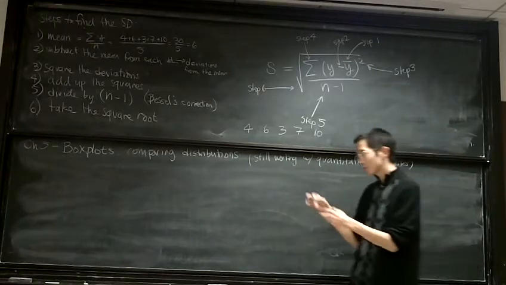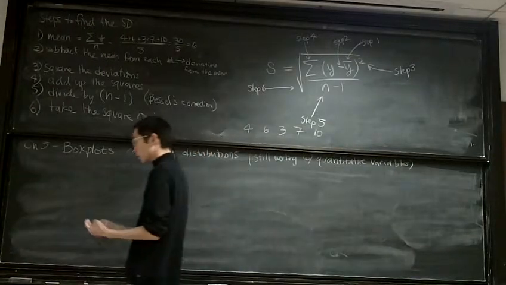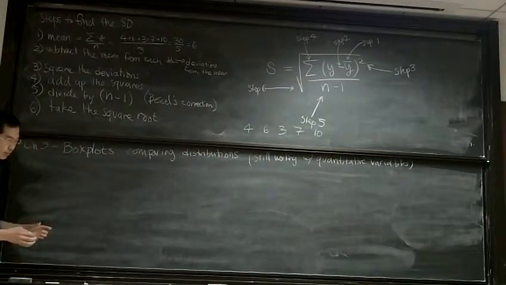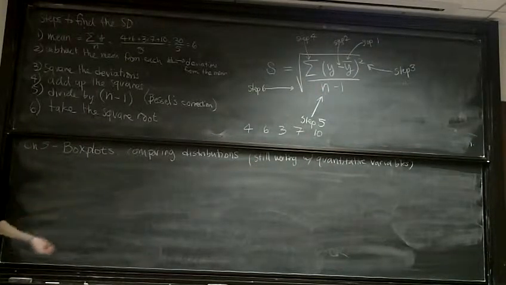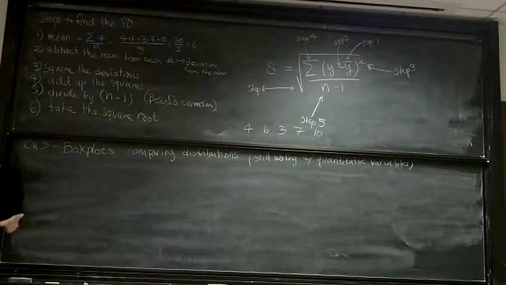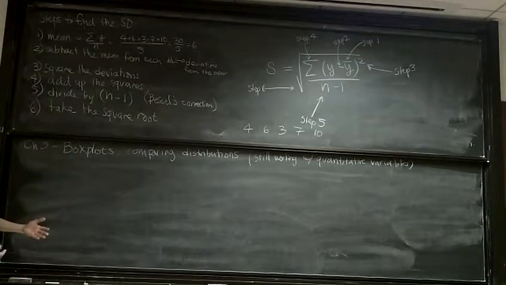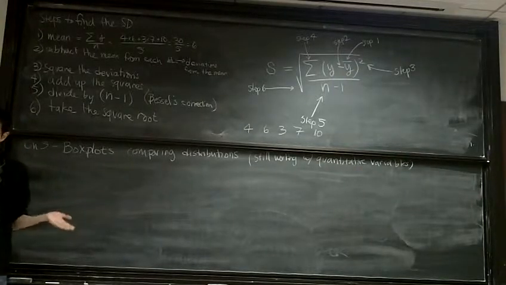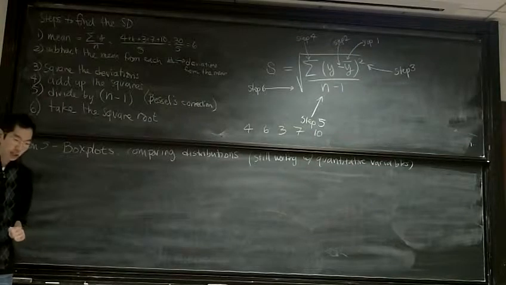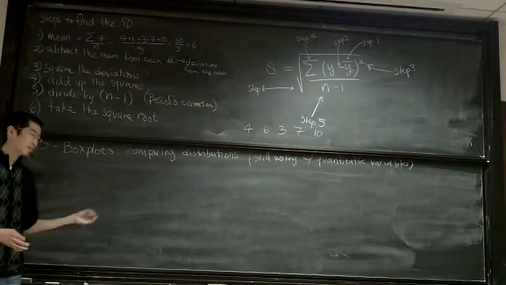You don't get a whole lot of fine detail, just the bare basics. A histogram gives you a lot more detail, but it's also more challenging to make by hand. With a computer you can generate these quickly, but sometimes you want to look at a whole bunch of distributions all at once, and box plots allow you to do that easily.